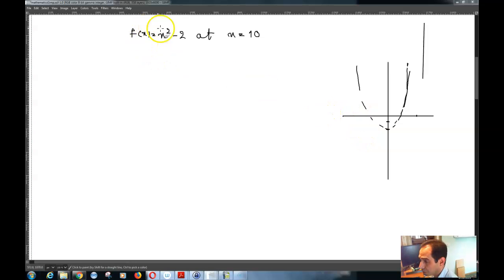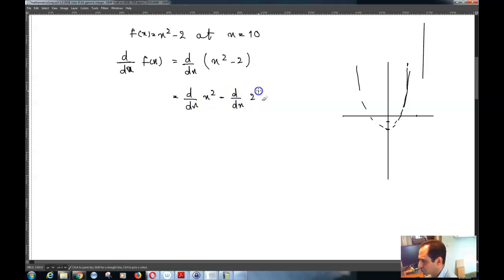Now if your function is f of x is equal to x squared minus 2, then to find the derivative, d by dx of f of x is equal to d by dx of x squared minus 2, which is d by dx of x squared minus d by dx of 2.